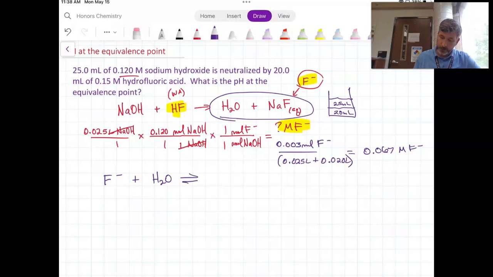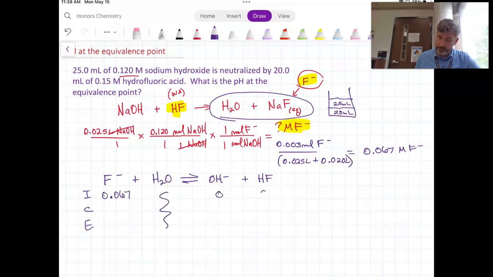Okay, and it is going to form hydroxide by taking the hydrogen from the water, and it's going to reform HF. Okay, and so I'm just going to ICE box this thing, starting with the initial concentration of F minus that I just calculated. So 0.067, don't care about this.